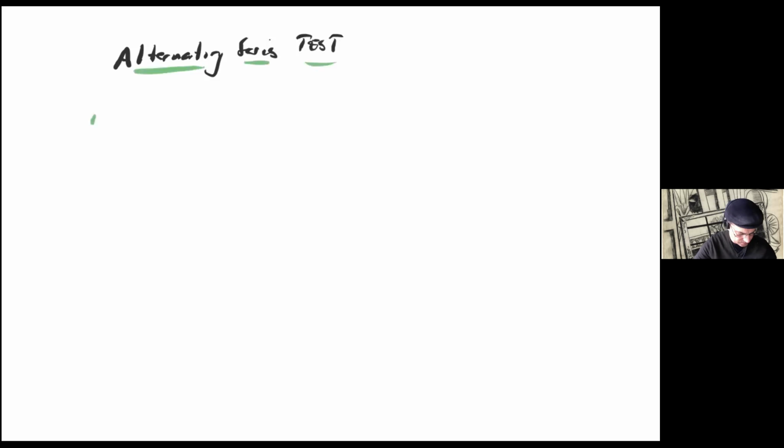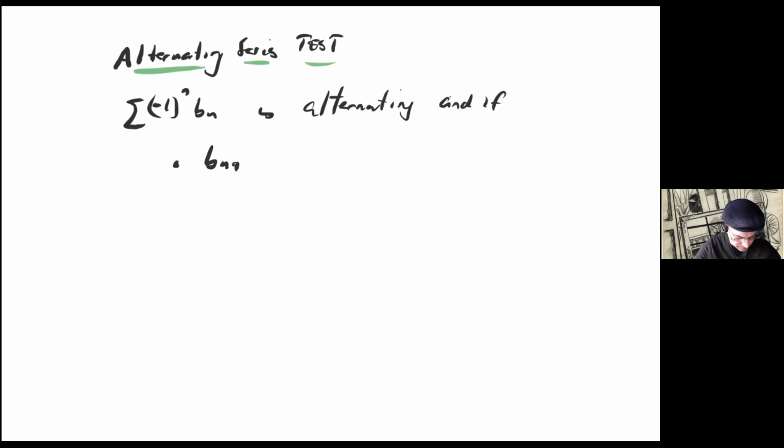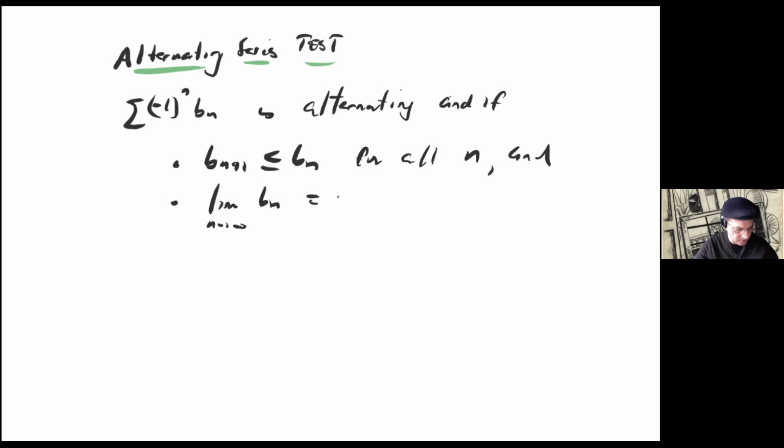If the alternating series summation (-1)^n b_n is alternating, and if the following is true, if the positive terms associated with the series are decreasing or non-increasing for all n, and also the limit as n goes to infinity of b_n is 0, then the series converges.